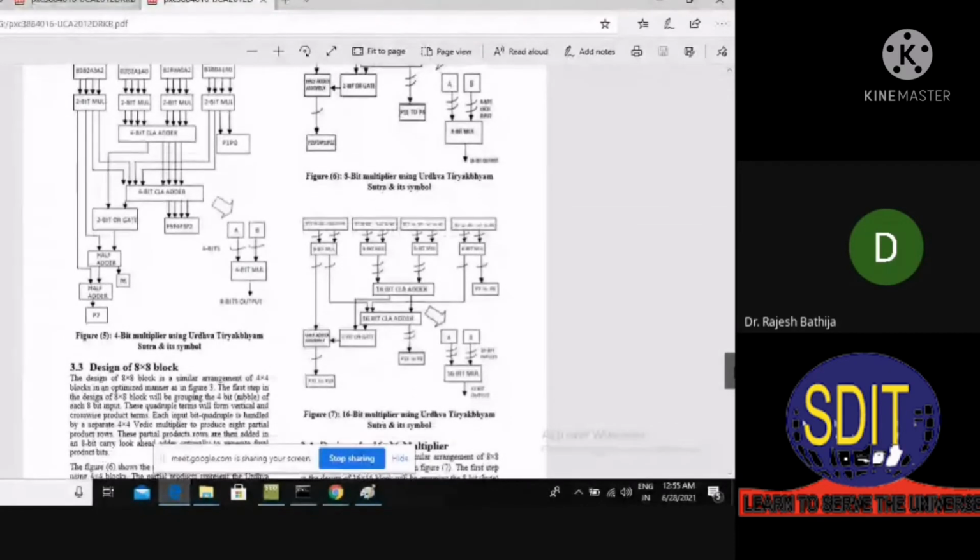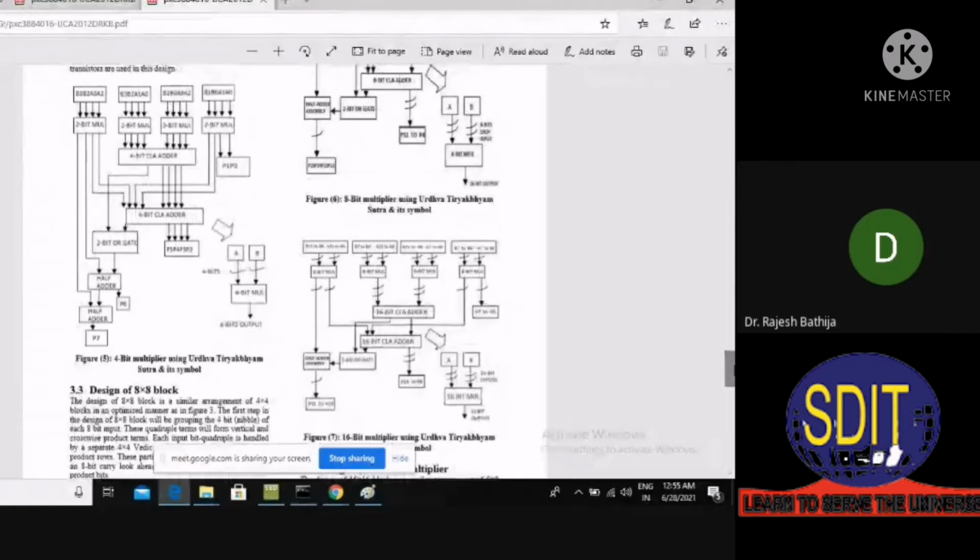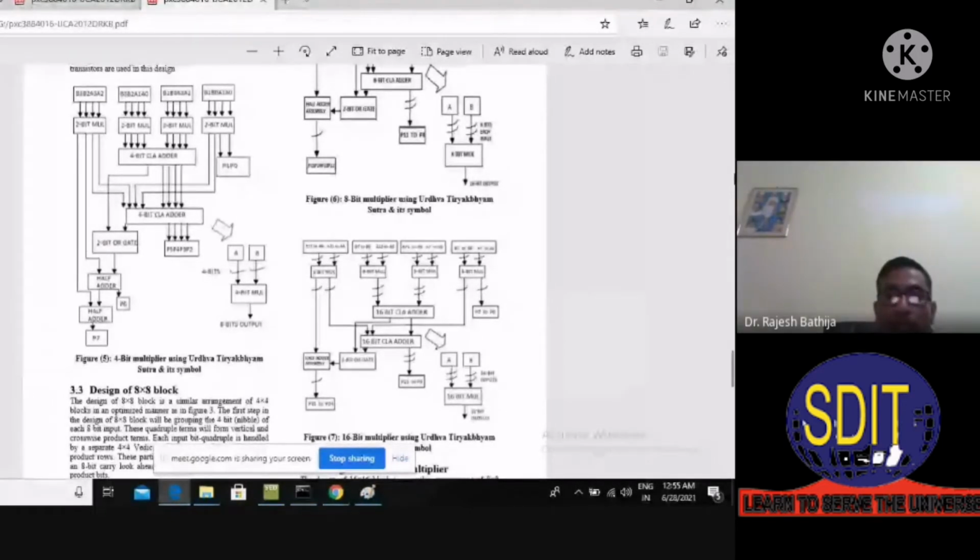That is what is expected as a result, right? Now the same thing, the 8-bit you can duplicate for the 16-bit and so on, right? So this is the thing we can do for many multipliers, right?